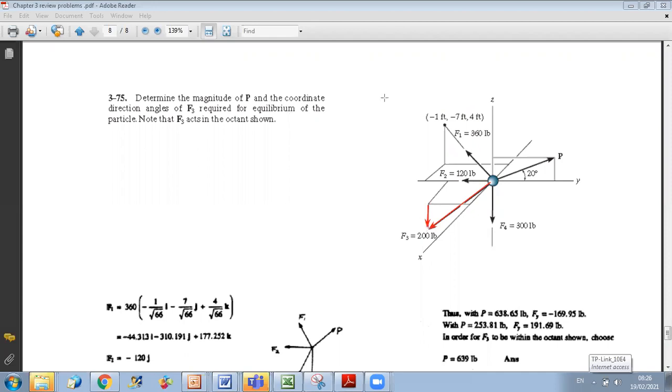The projection of it along X is this one, which is positive, and the projection of it along Y is this one, which is negative. So from the figure, you can see that F3 has positive projection along X and negative projection along Z and Y. Okay, Marisa?